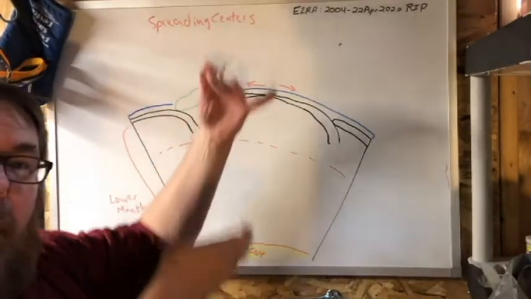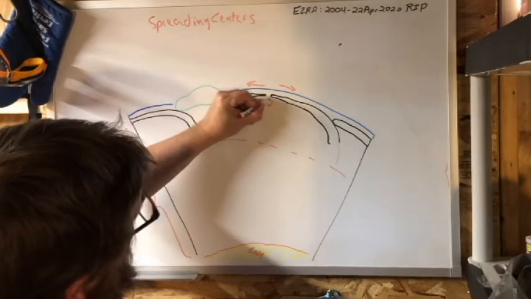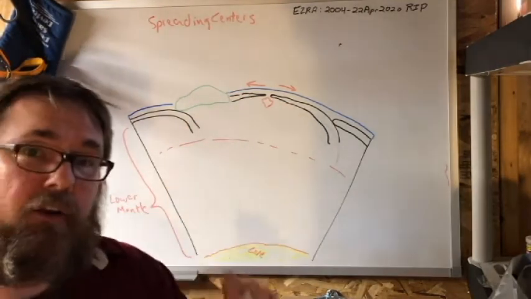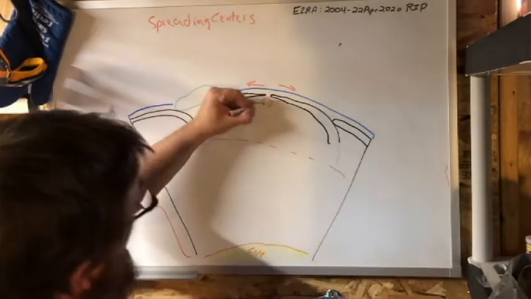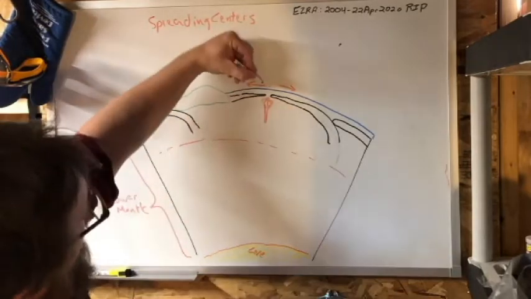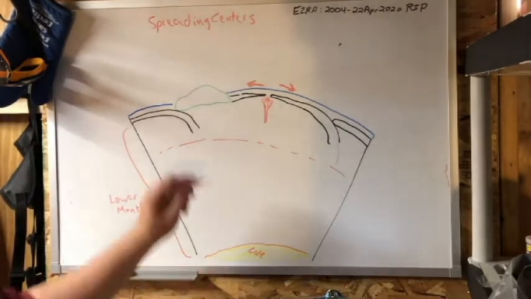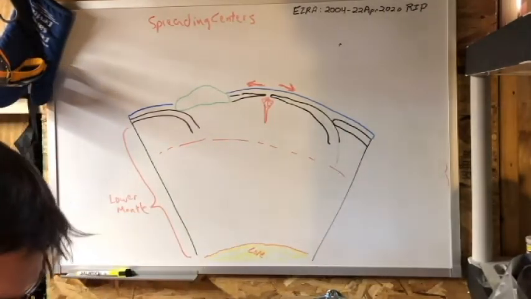As you release that pressure at a spreading center, the rock will melt, because if you do things like add water and reduce pressure, it'll melt. And you get this magma that rises, causing your plates to move laterally, right? But that doesn't drive the convection.